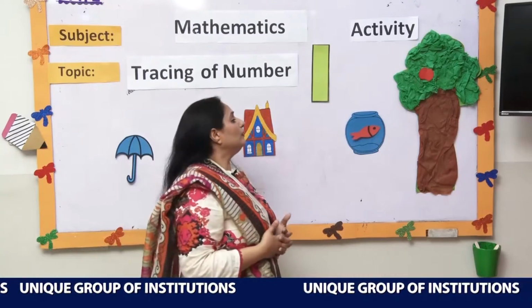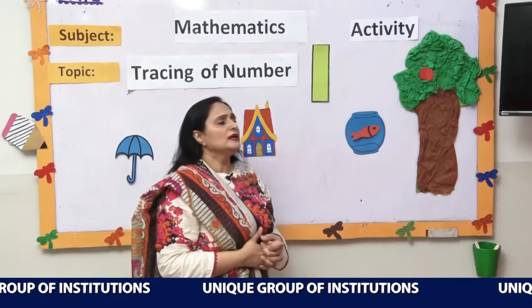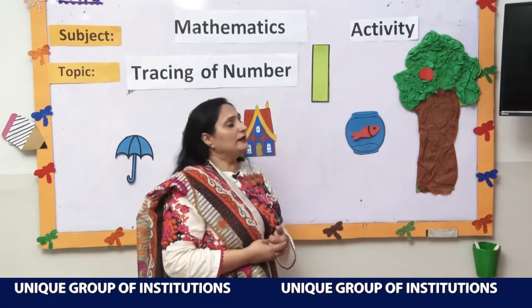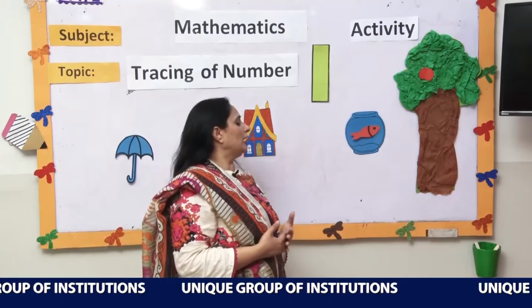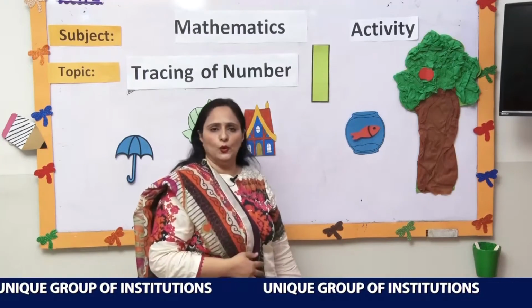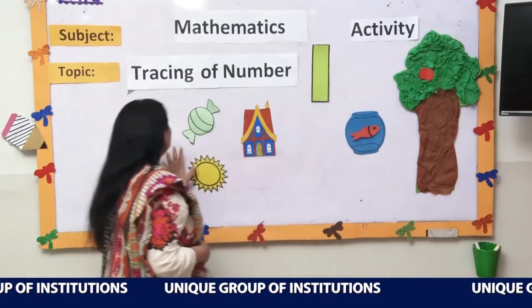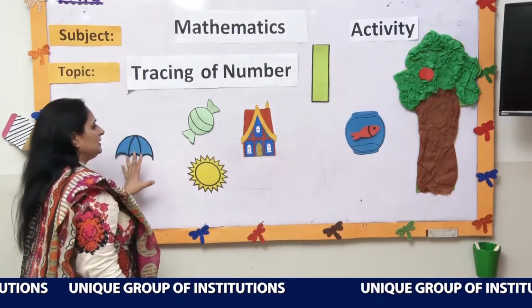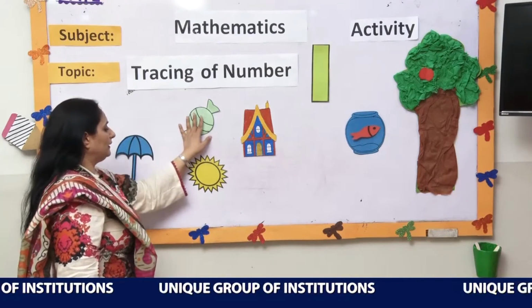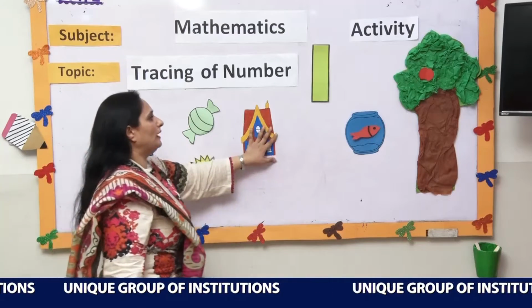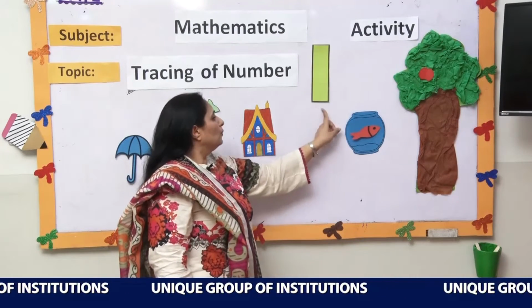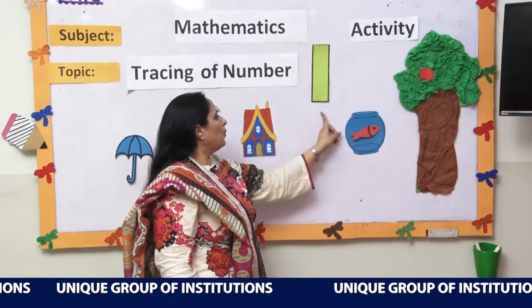You can do them at home with the help of your parents, using paper, chart paper, sticks, and the things that you have at home. What is the value of these things which we have on the board? One umbrella, one candy, one sun, one house, and this is number 1. 1, 1, 1.